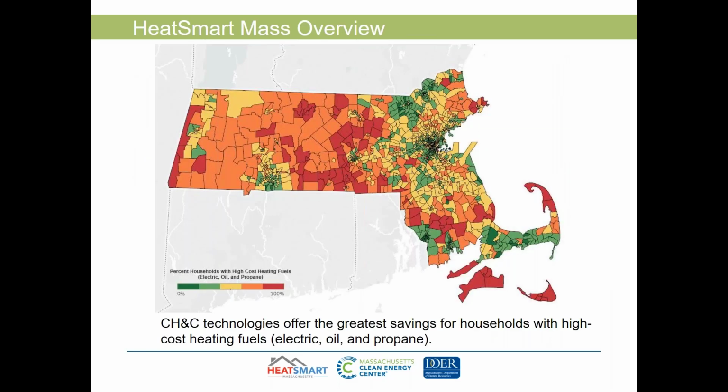So when I mentioned high cost heating fuels, what you're going to see is that clean heating and cooling technologies offer the greatest savings for households that do have those high cost heating fuels. And this map represents the different percentages within communities and census tracts that have high cost heating fuels. So the more towards the red any of these communities or census tracts might be in, the more high cost heating fuels they have.